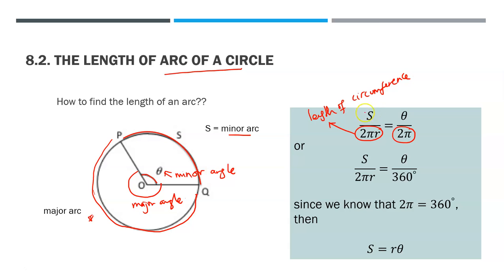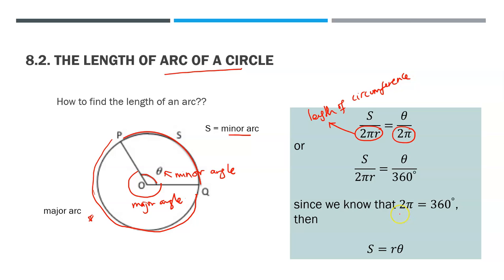You see, this is just considering the length of arc over the length of circumference, and the angle for the minor arc over the overall angle for a circle. Or we can write it in the form of S over 2 pi r equals theta over 360. Same, either one.